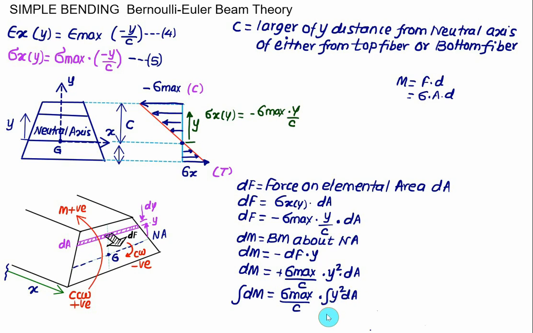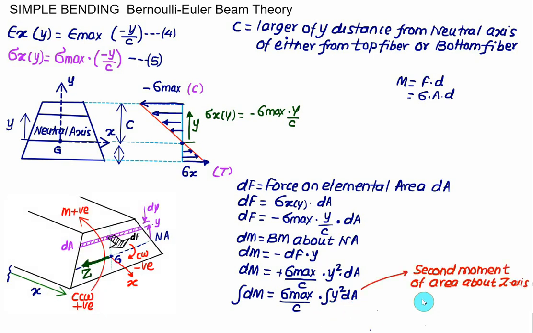Now this integral y square dA is called the second moment of area about the z-axis. So we take the second moment of area about the z-axis, which will be replaced by the term Iz, and we integrate this over the entire area.